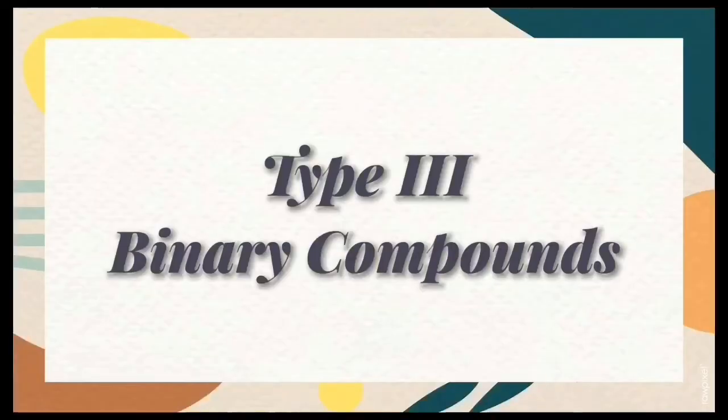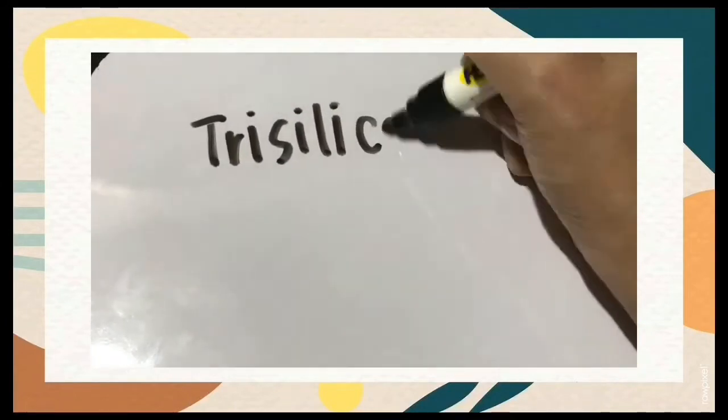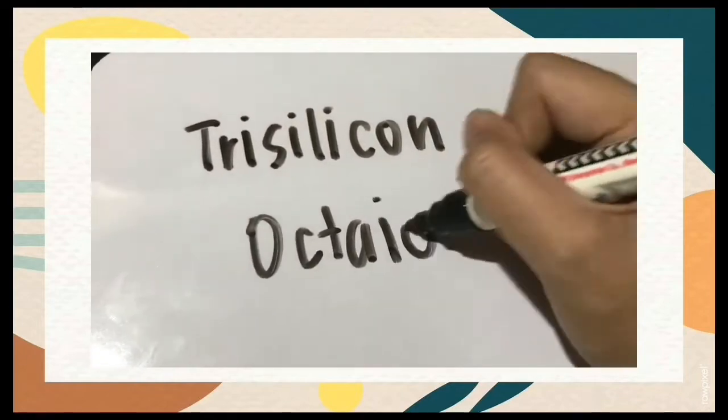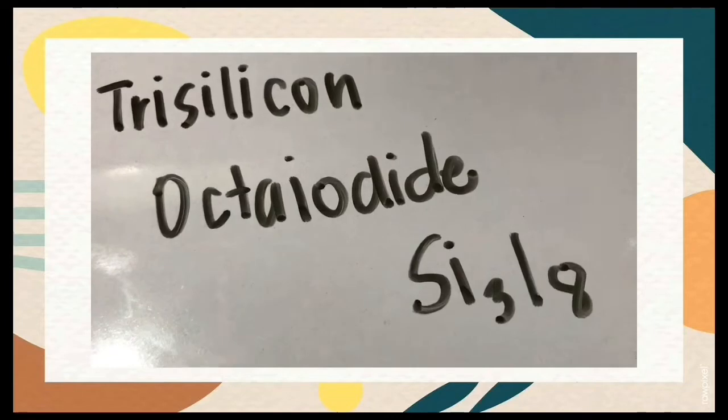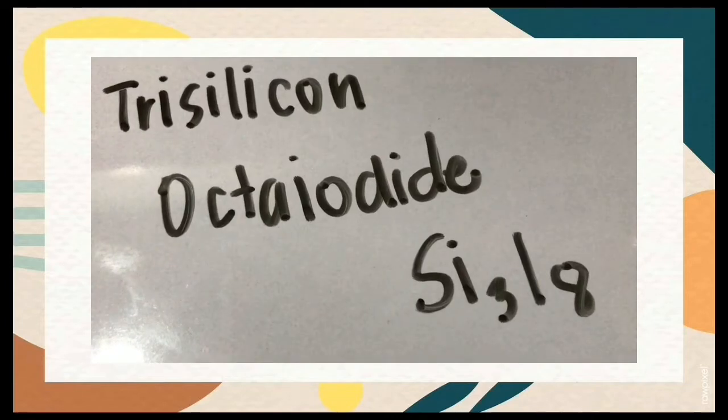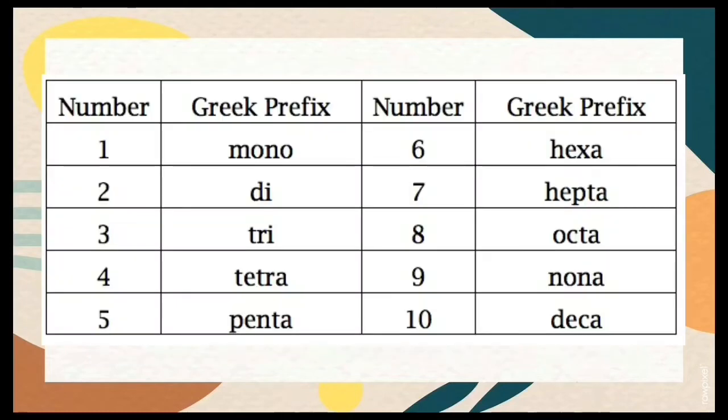Now, in naming type 3 binary compounds, as our example, we have trisilicon octaiodide. The first element shown in the compound is named as the element, while the second element is named according to the anion name, ending in -ide. But take note that the second element always carries a prefix indicating the number of times it is present in the compound.